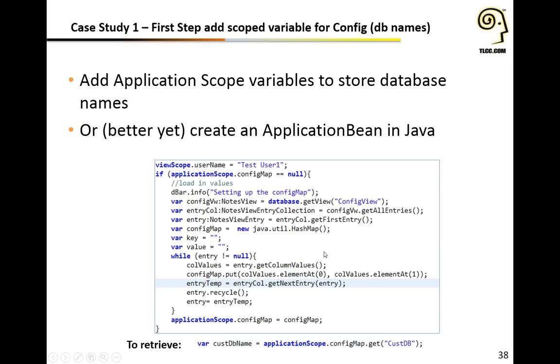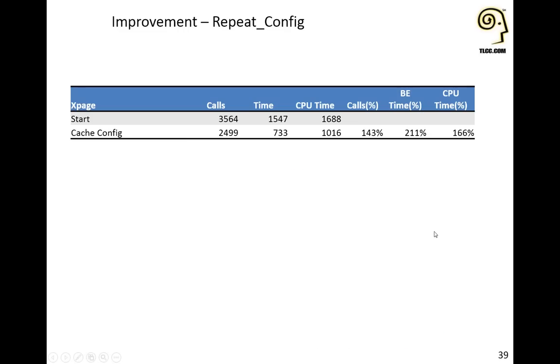Instead of a DB lookup every time we want to get this information, we're just going to pull it out of memory. Remember, any scope variable just pulls out of memory. So using this in place of all the places that I had a DB lookup to the config view, basically I'm storing in memory all those locations. You notice that it saved a significant amount of time.